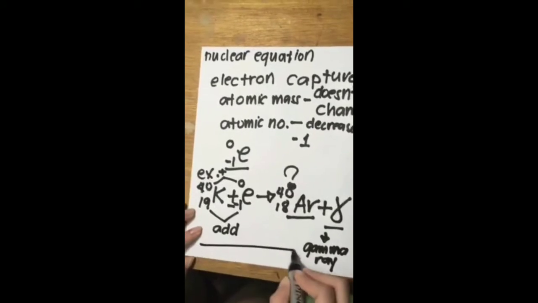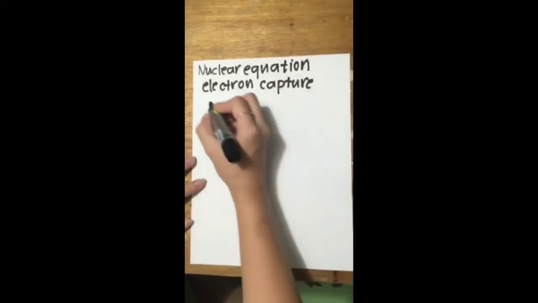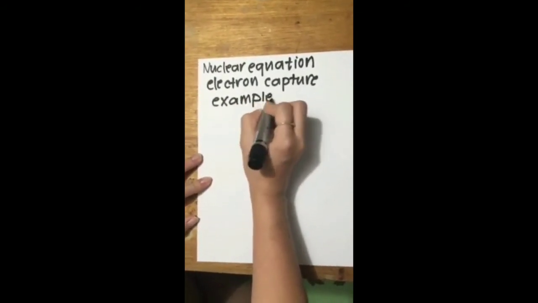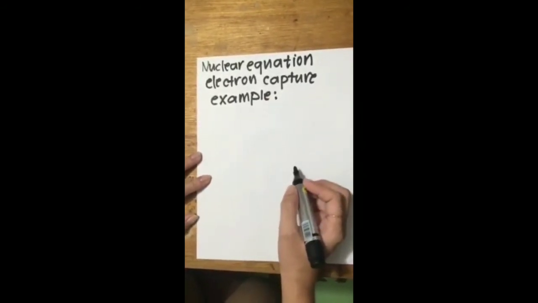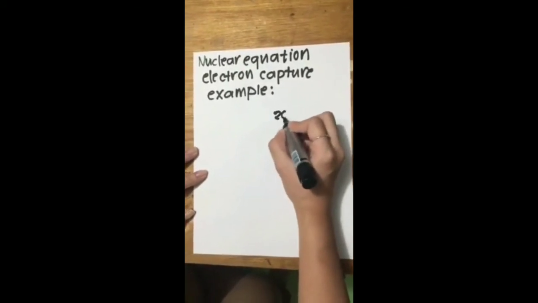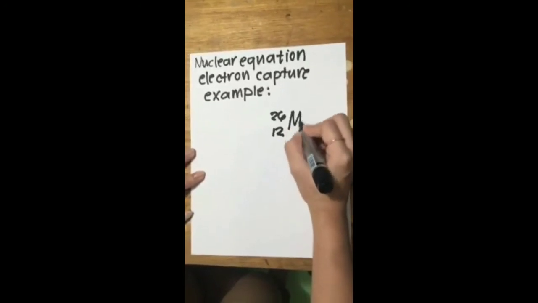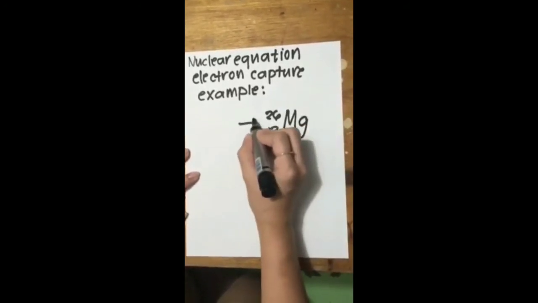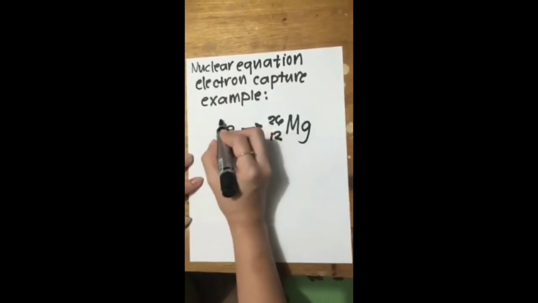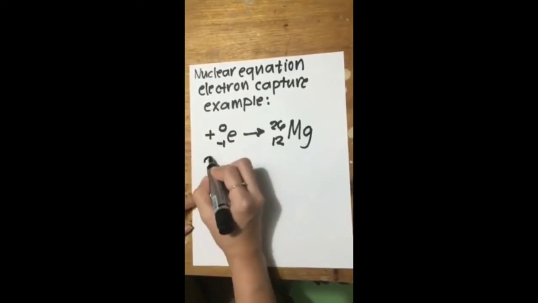it is balanced. So let's have another example of electron capture. But this time we have to determine the original element after the new element has been formed using the electron capture. So the newly found element is magnesium. So next, let's copy the general formula of electron capture and copy the plus sign.